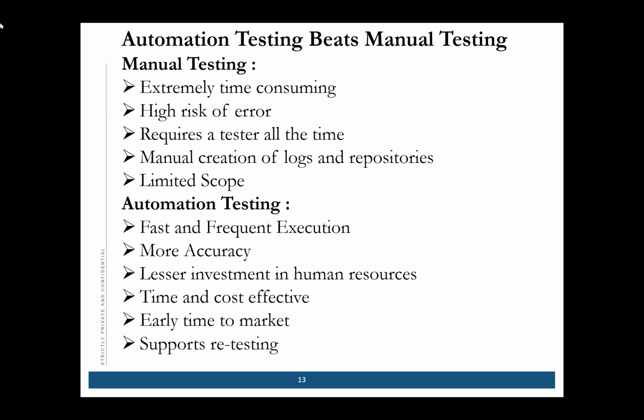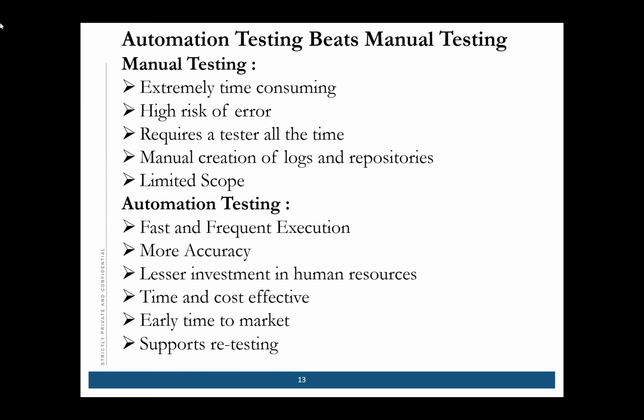Okay, so manual testing, we have all these limitations, like it is time consuming, right? Whenever we do manual test case execution, it is time consuming. It's a high risk of error. Why? Because humans can make mistakes.